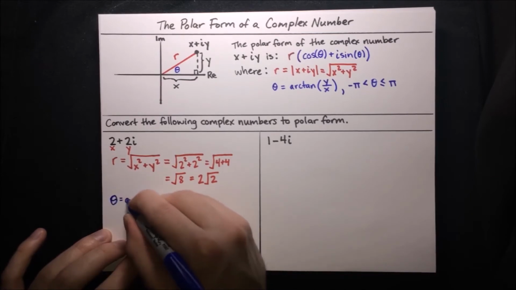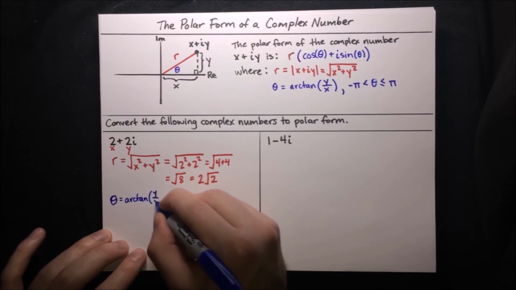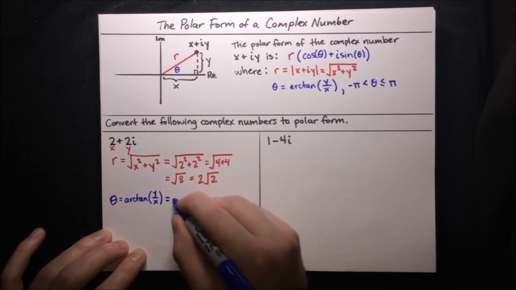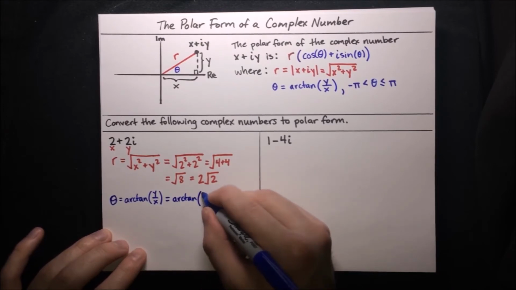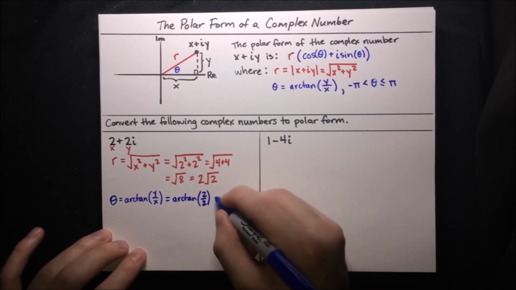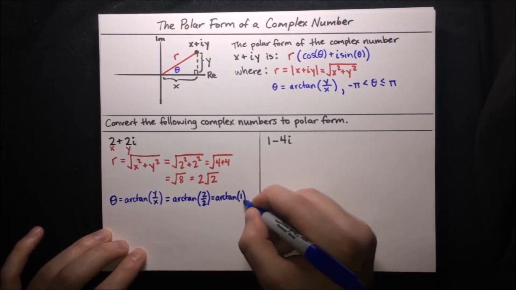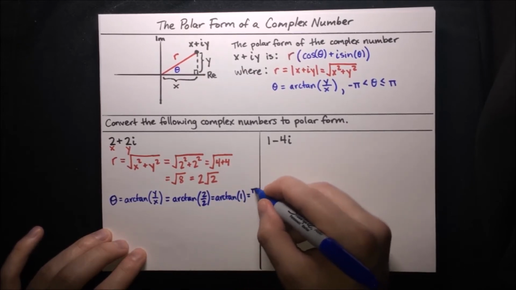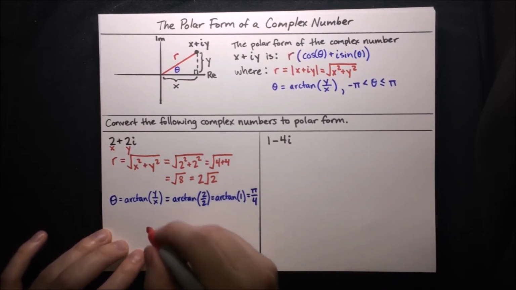Alright, and then how about theta? Theta is equal to arctangent of y over x. So plugging in our y and x are both 2, so arctangent of 2 over 2, which is arctangent of 1, which is just pi over 4. So the polar form of the complex number looks like this.